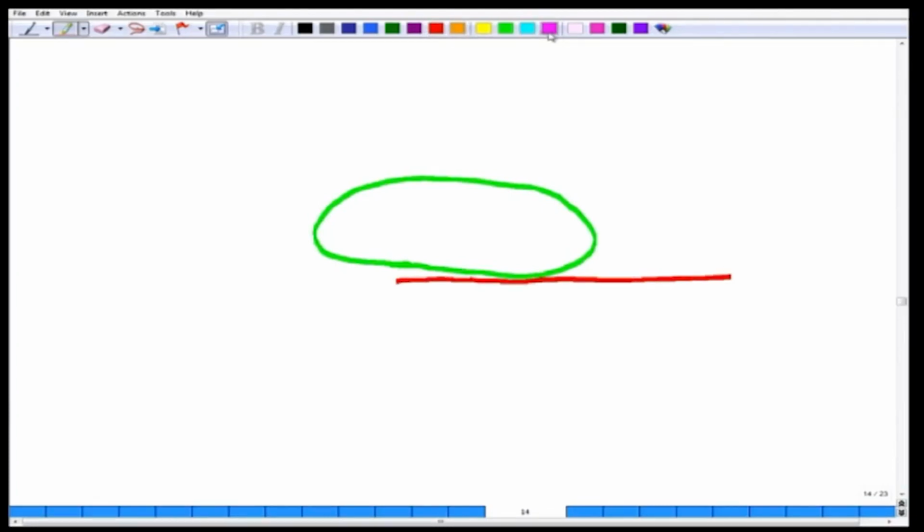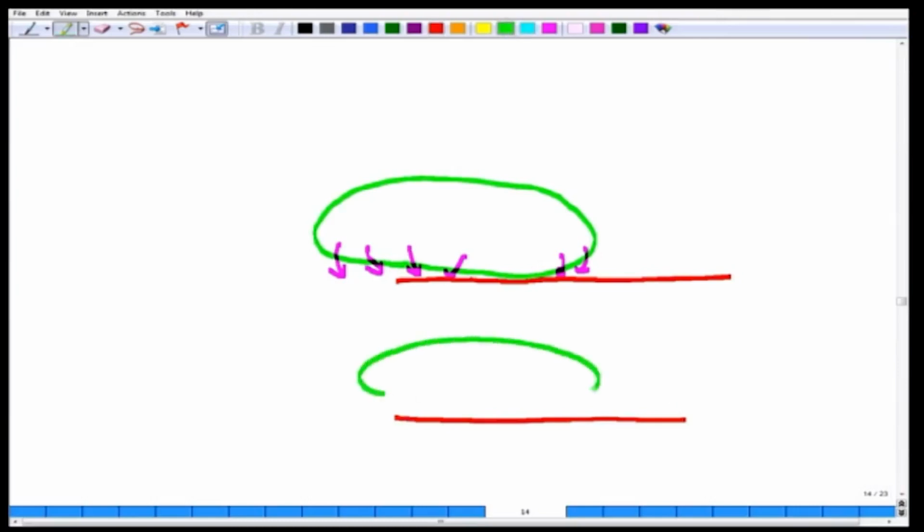Now this cell is continuously secreting different kinds of molecules, and these molecules will eventually plug the connectivity between the electrode and the cell, and thereby you are losing the signal which the electrode is supposed to receive all the time.